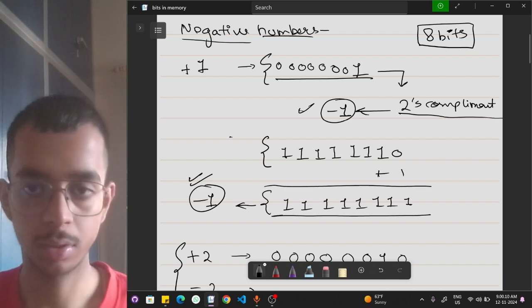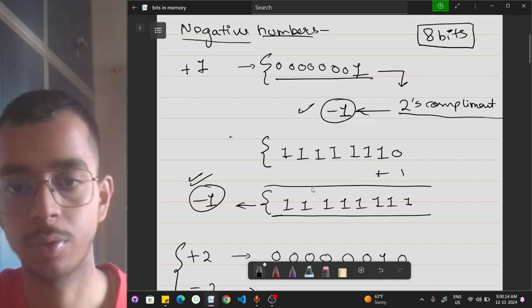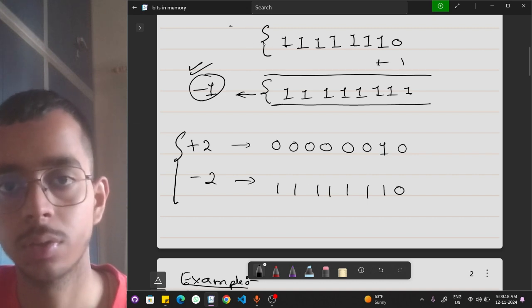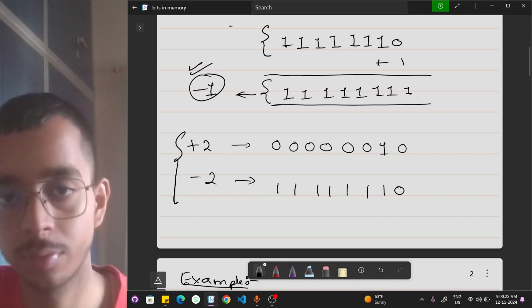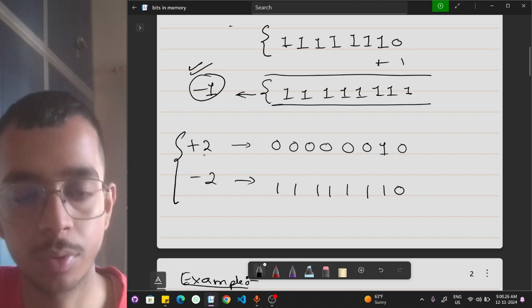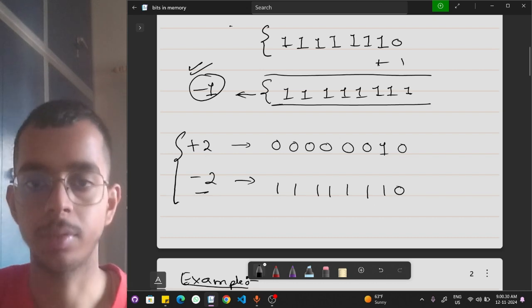Minus 1 is the 2's complement of 1. It's a whole different story. So this is the 2's complement of 1, and that is minus 1. Same goes for plus 2, and this is minus 2.